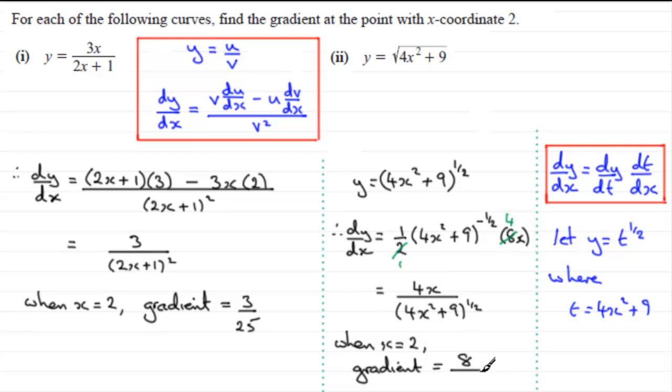And this is divided by, if I put 2 in for the x here, square it, I get 4. 4 fours are 16, plus 9 is 25. So I've got the square root of 25, which is 5. We won't worry about the plus or minus when we root it; we'll just take the positive value. So we've got a gradient of 8/5.